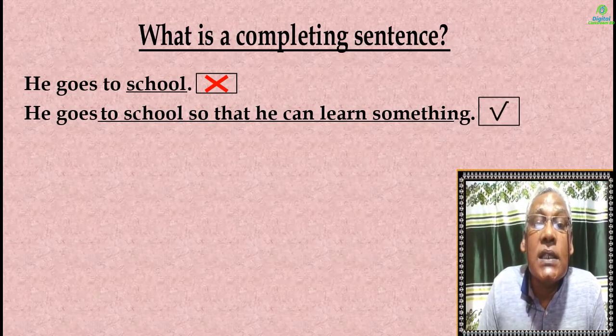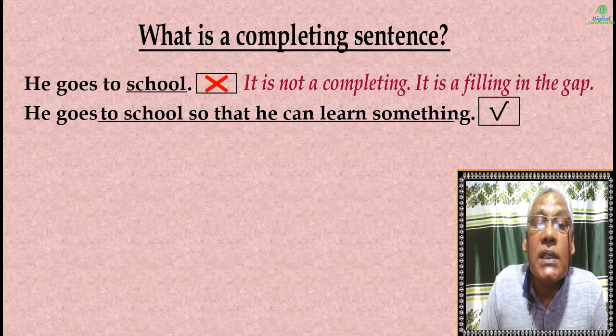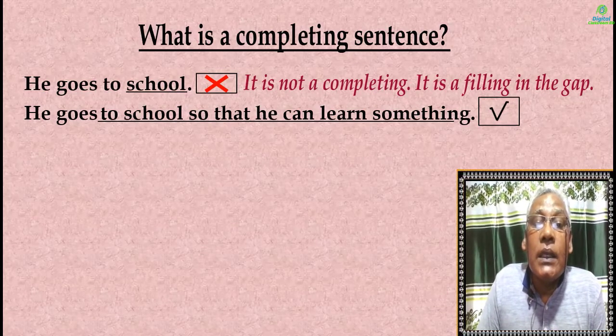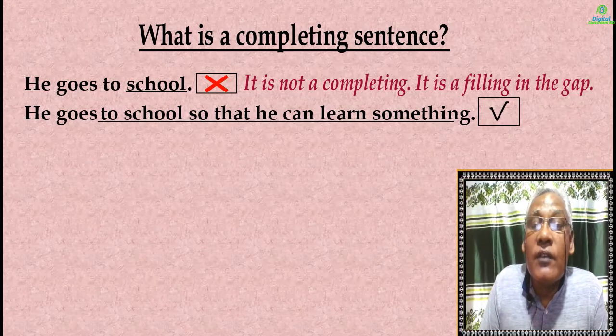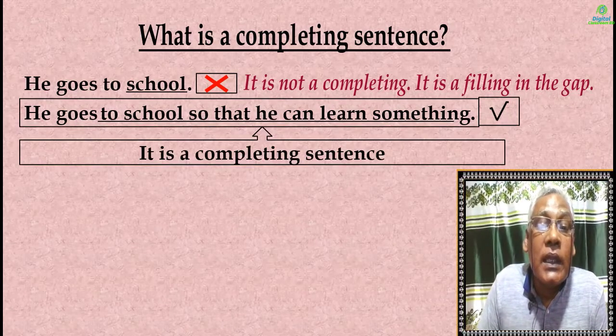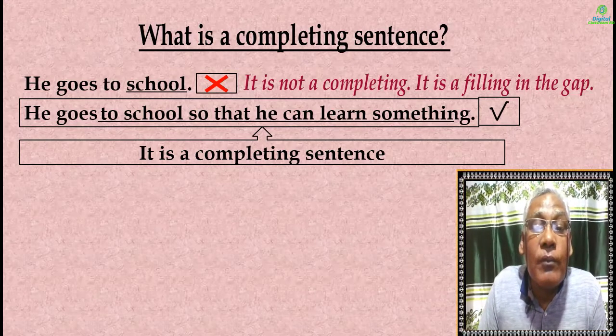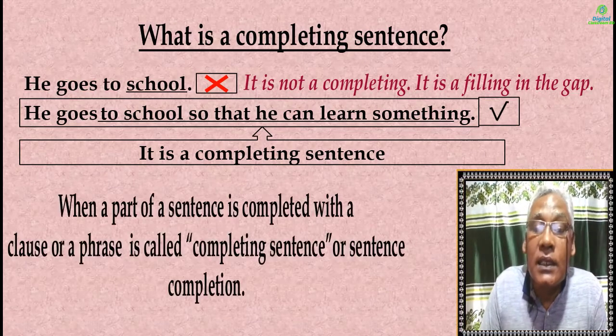So what is a completing sentence? Look at the first sentence. As I have said, it is not completing, it is filling in the gap. But the second sentence is a completing sentence, because you have used a clause to complete the sentence.